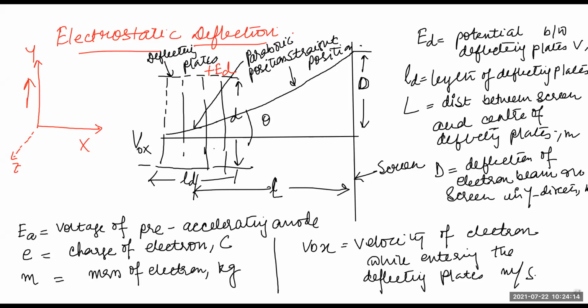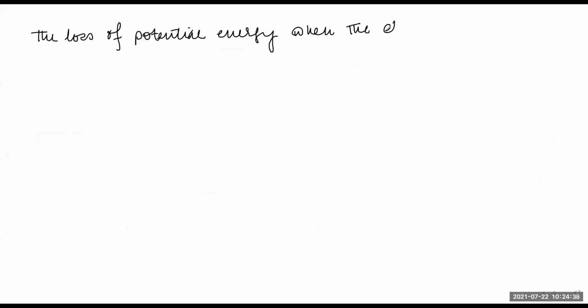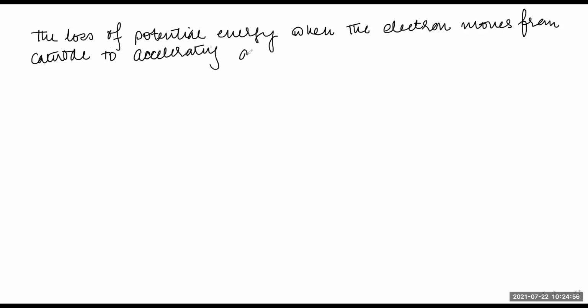I'm going to the next page. From this particular diagram, I need the loss of potential energy when the electron moves from cathode to accelerating anode.